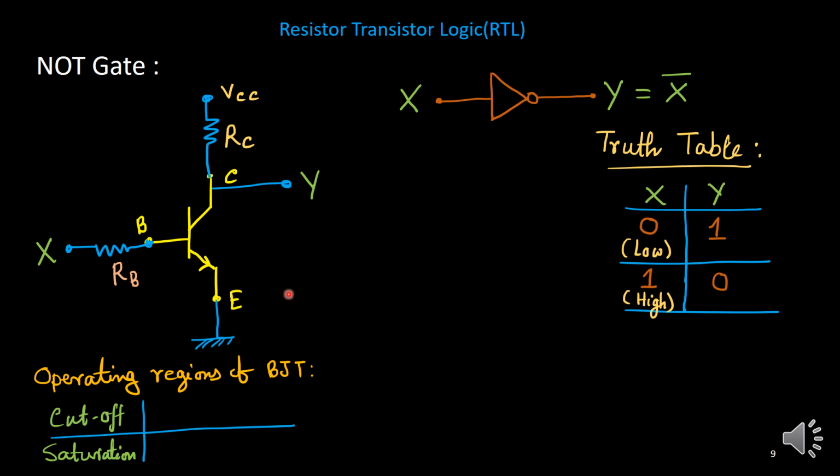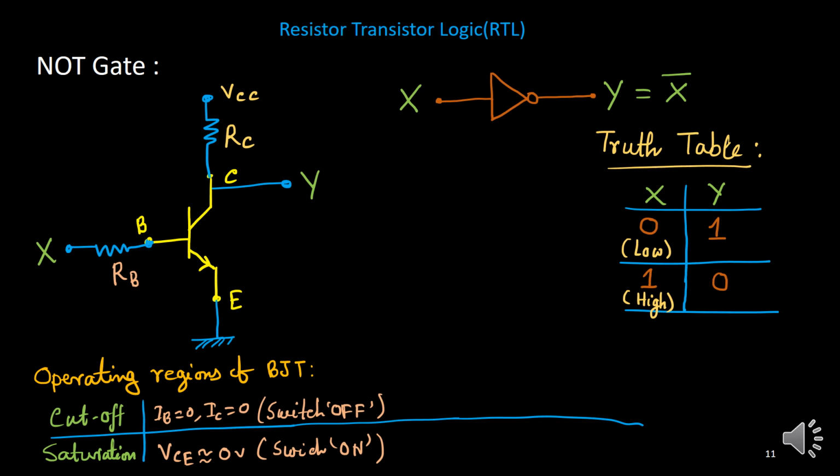Now, what is cutoff? Cutoff means there is no current through the device. The base current is 0, the collector current is 0, everything is 0. This situation is called switch off. No current is flowing anywhere, so it behaves as an open circuit. On the other hand, saturation means huge current.